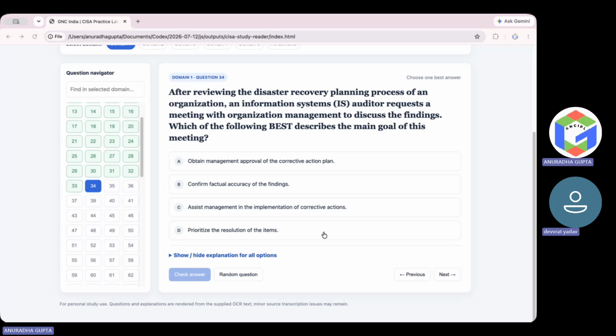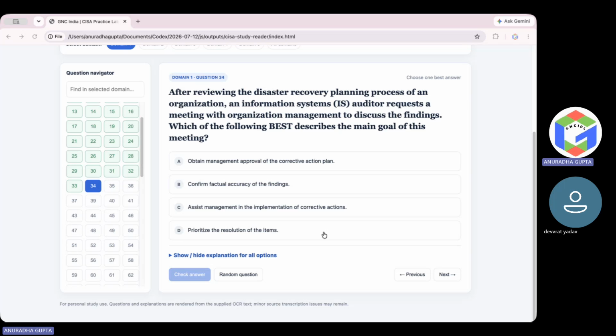Which of the following best describes the main goal of this meeting? Option A is obtain management approval of the corrective action plan. B is confirm factual accuracy of the findings. C is assist management in the implementation of the corrective action. D is prioritize the resolution of the items.